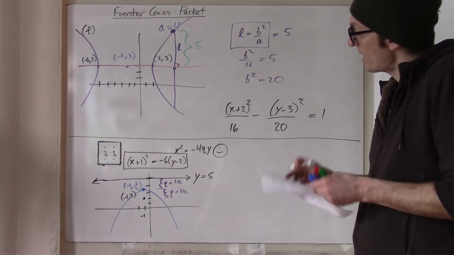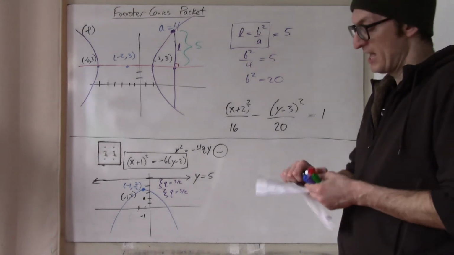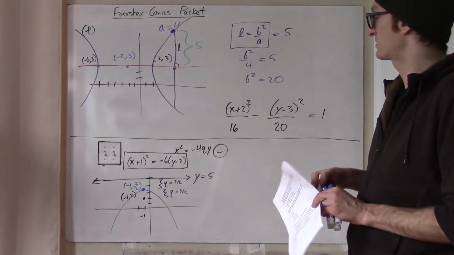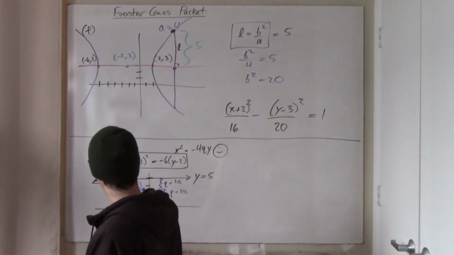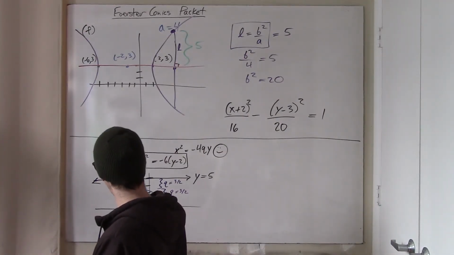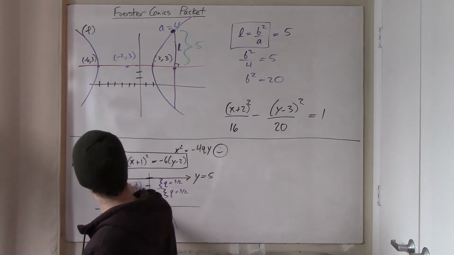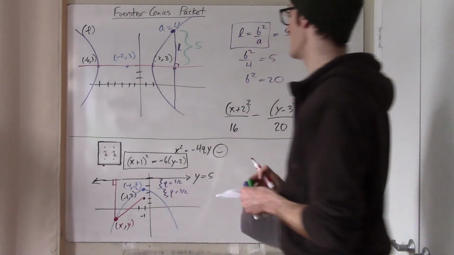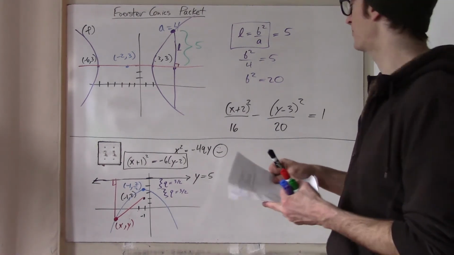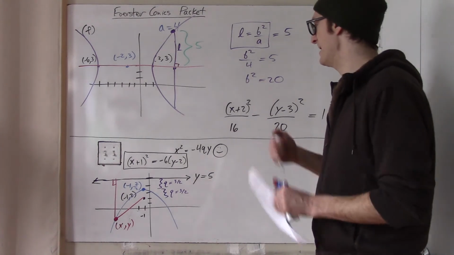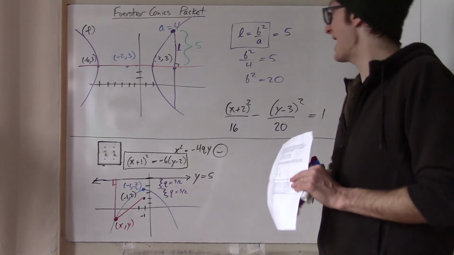There is potentially another way to do this problem, and that is to do it from scratch. Pick an arbitrary point x comma y and say that the distance to the focus over the distance to the directrix has to be 1, the eccentricity. Nothing's stopping you from doing this. What do you get?